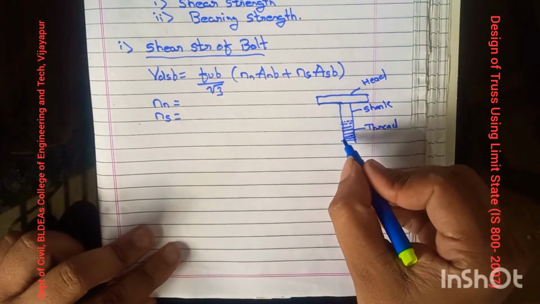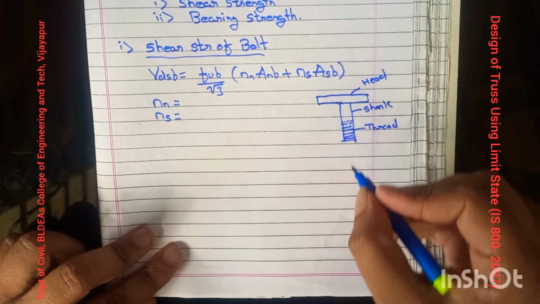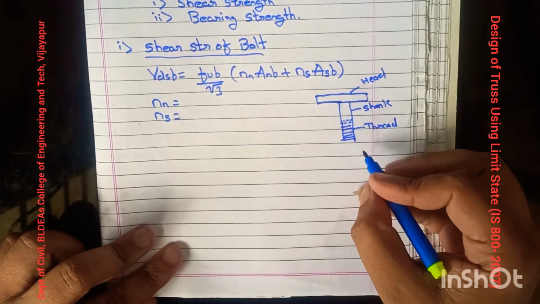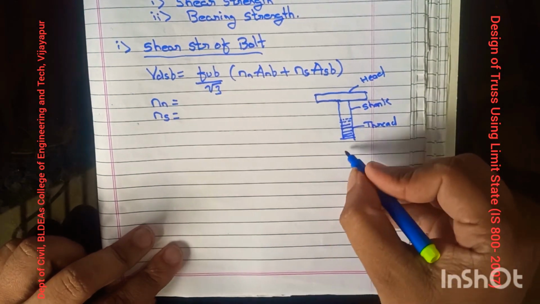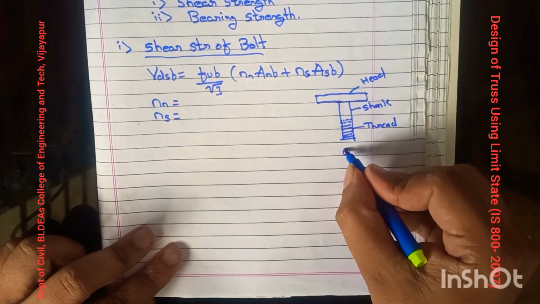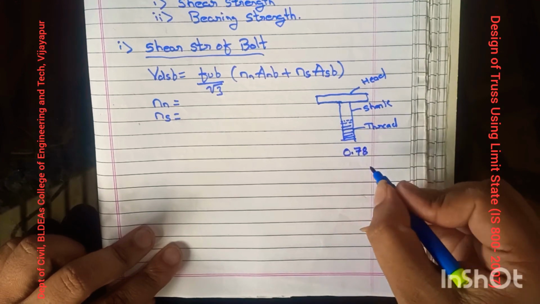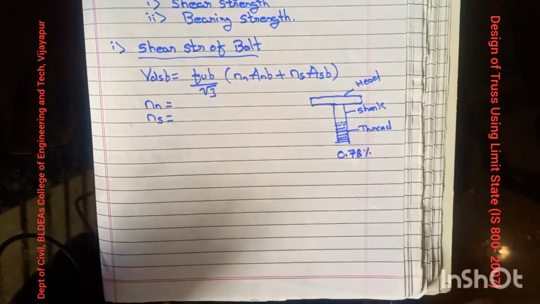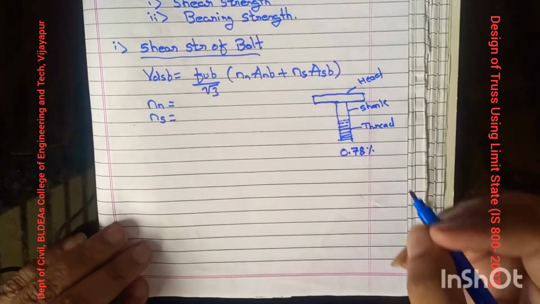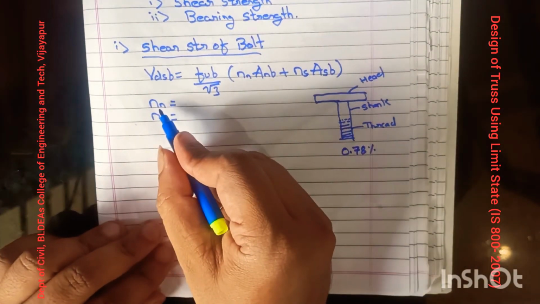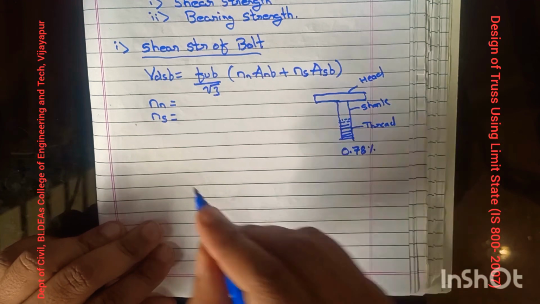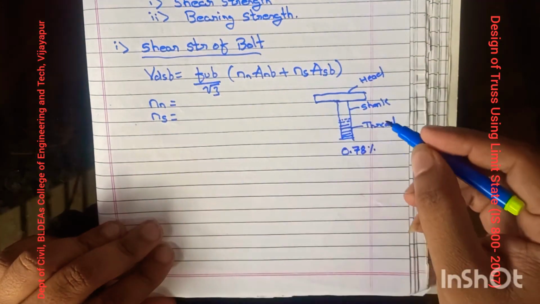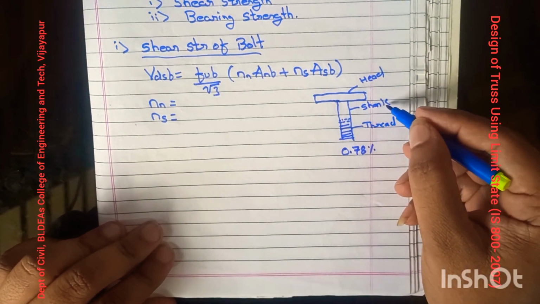The area of the thread will be slightly lesser than the shank, about 20 to 22% lesser, so we assume it to be 0.78, that is 78%. Now NN stands for number of shear planes in the thread, and NS stands for number of shear planes in the shank area.